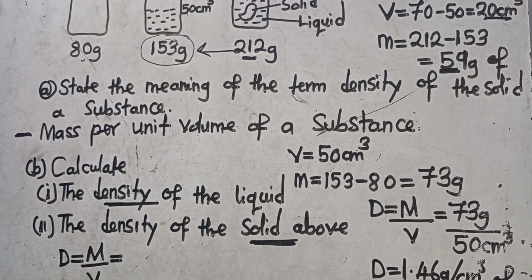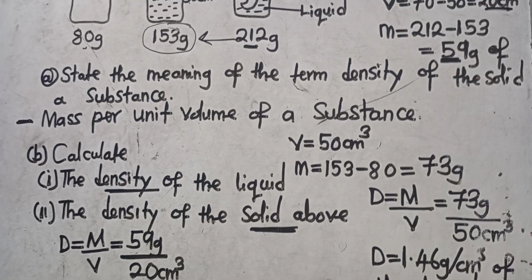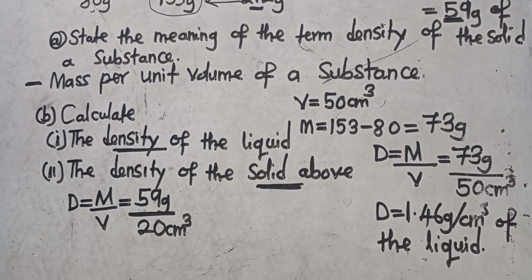The mass is 59 grams over the volume, which is 20 cm³. Therefore, density is equal to 59 divided by 20.